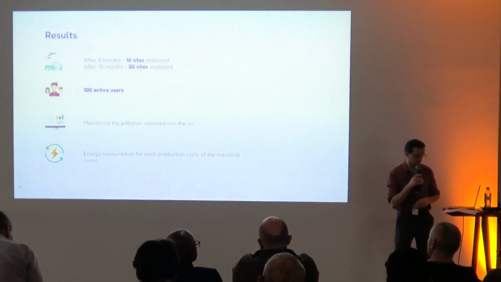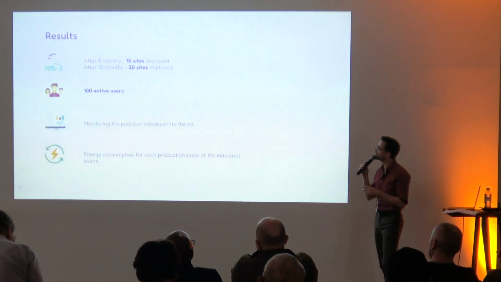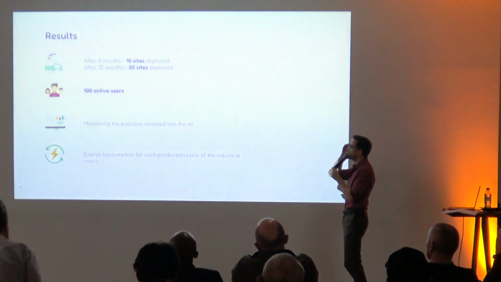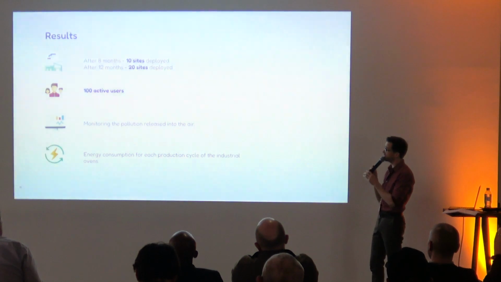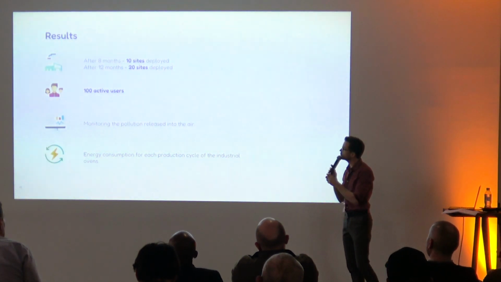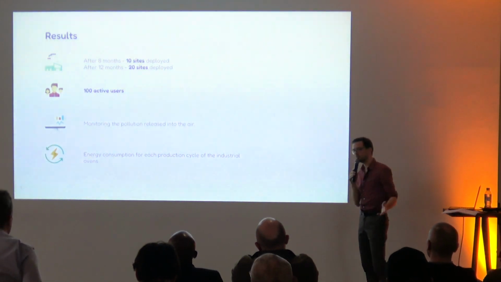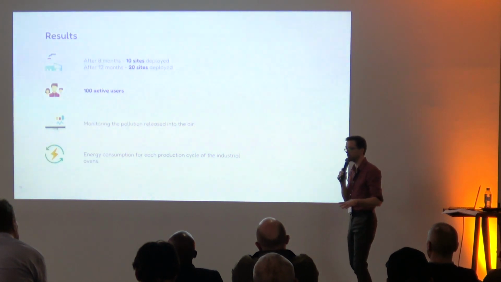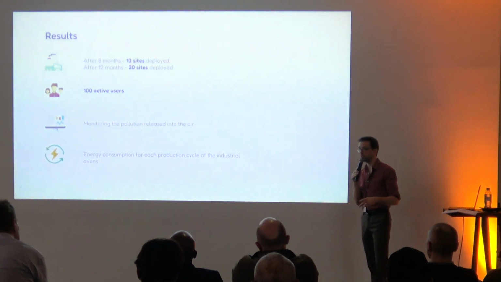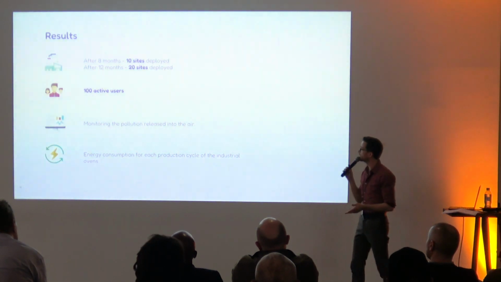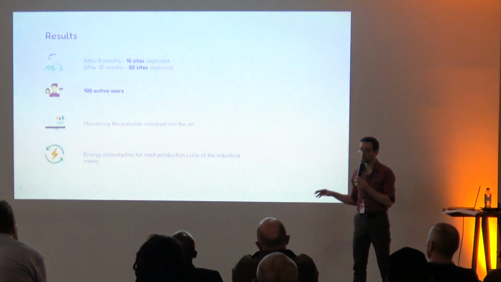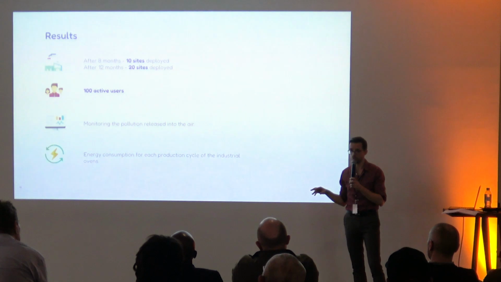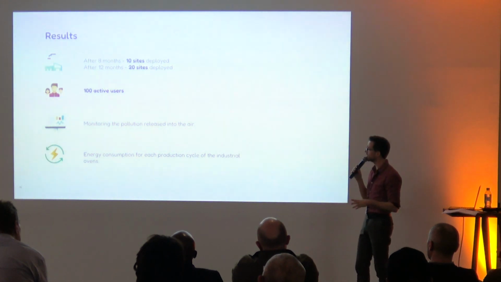Okay, the results from this typical customer: after 8 months we had deployed 10 sites, which was great, to be honest. After 12 months, 20 sites were deployed. And this year we aim to deploy all sites across the 25 countries they operate in. At the moment, we have 100 active users, which is a lot for monitoring and control systems.